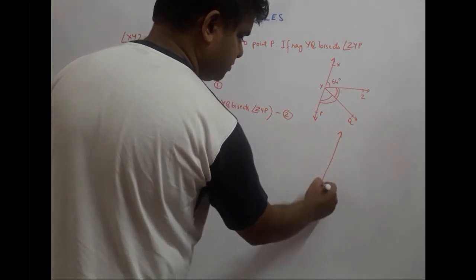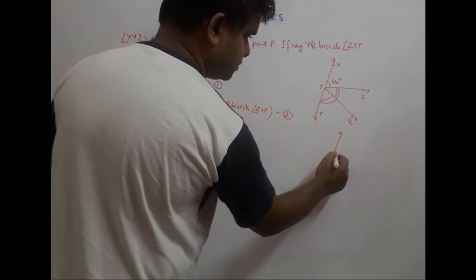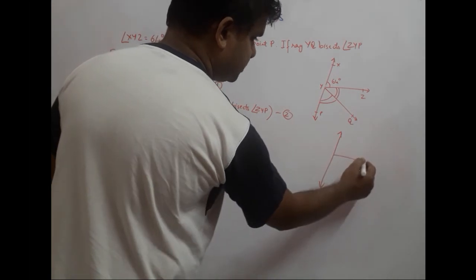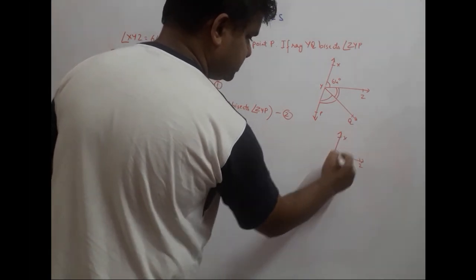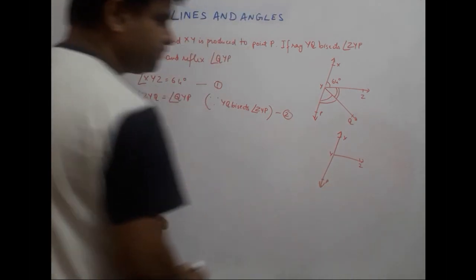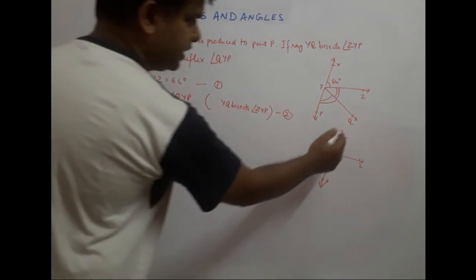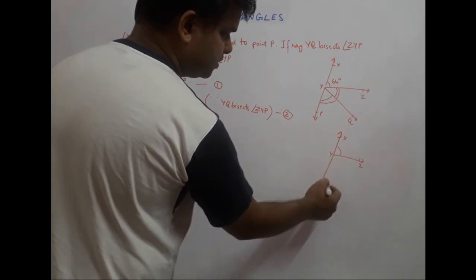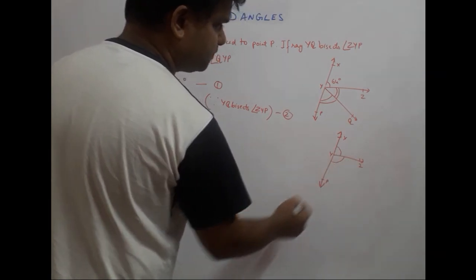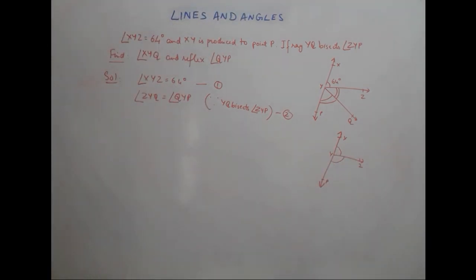Draw the same thing but without one of the rays. So we take just ray YZ, X and P. These 2 angles, XYZ and PYZ, will become our linear angles.